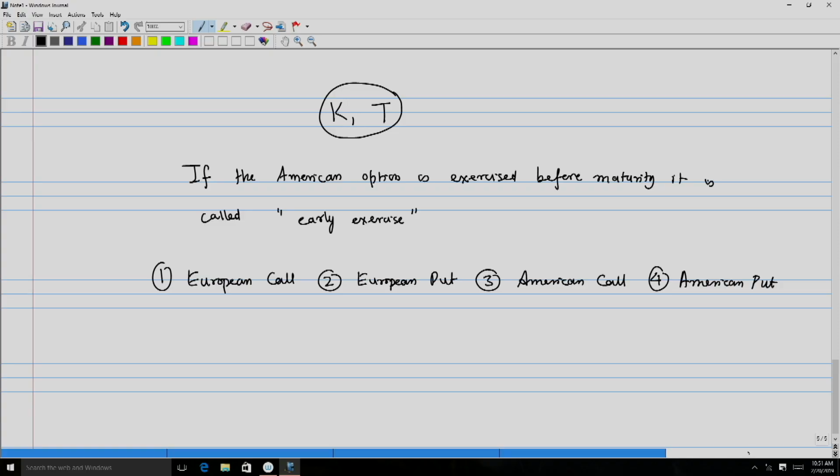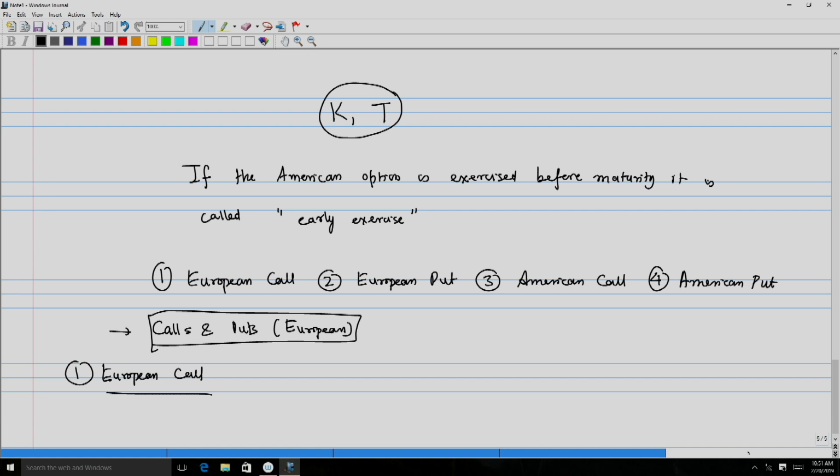So, let us now discuss this a little more in detail. Let me first start off with calls and puts of European type. So, we will now look at European call and put options. First of all, we start off with the European call.